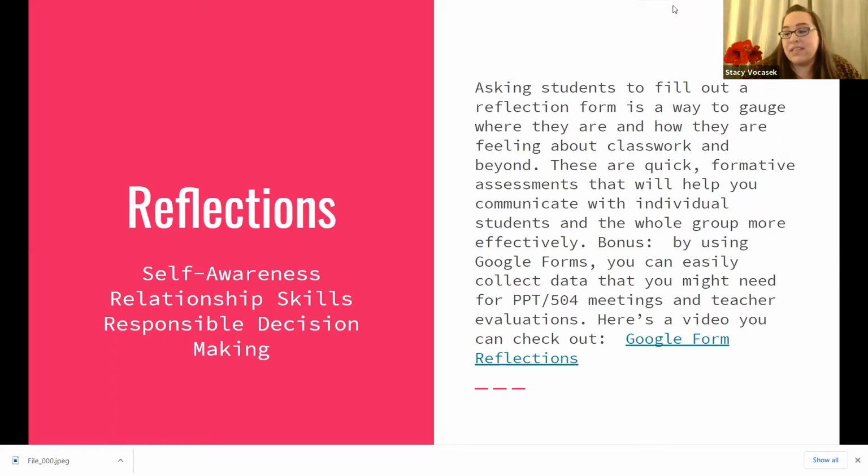Something else that we do that I didn't put in here, but that I think is really important, is that we set a word. I don't want to call it a challenge, but we pick a word that's our guiding star for our class for the semester, something that we want to come back to, something that either is going to make us feel more relaxed or something that we're striving for.